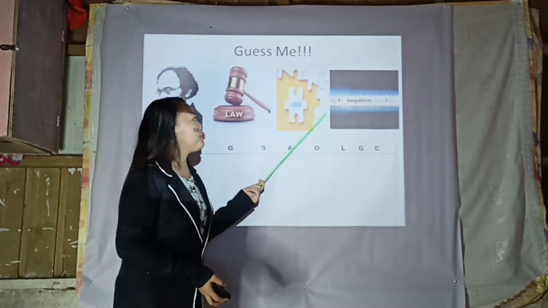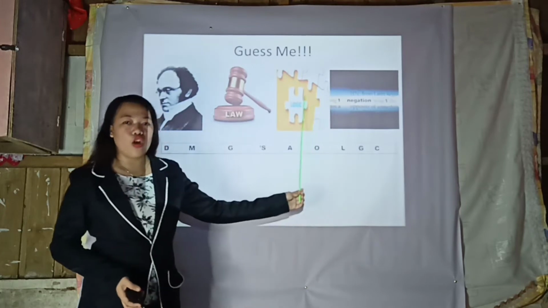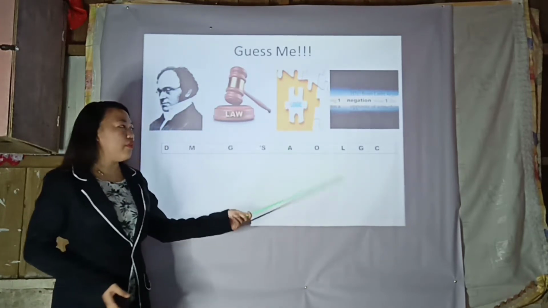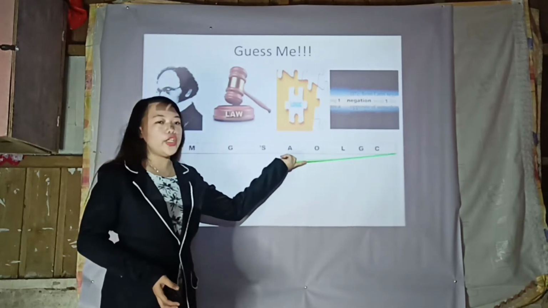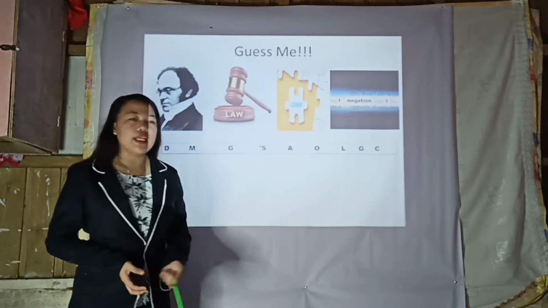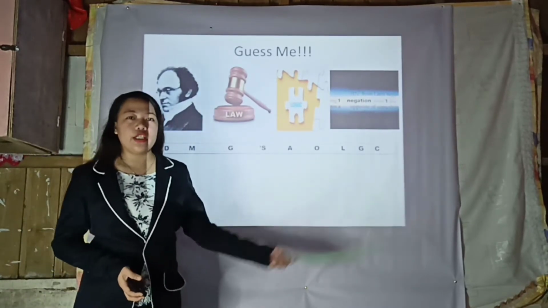Then the next picture is about logic, which is the answer for the fourth word. So our topic for today is De Morgan's law of logic.